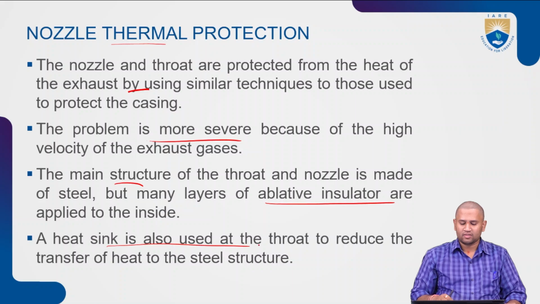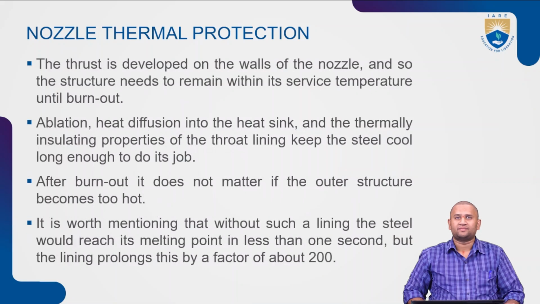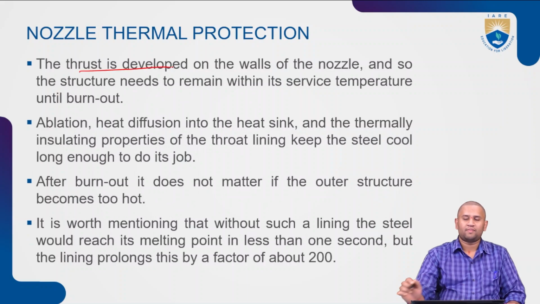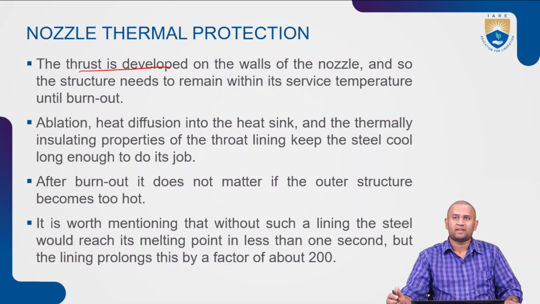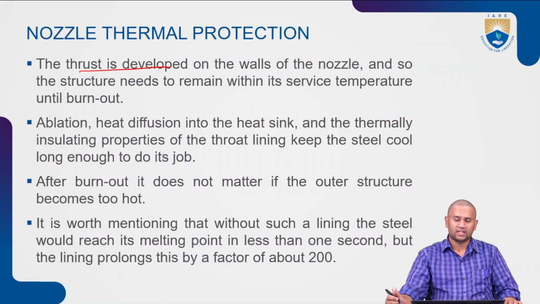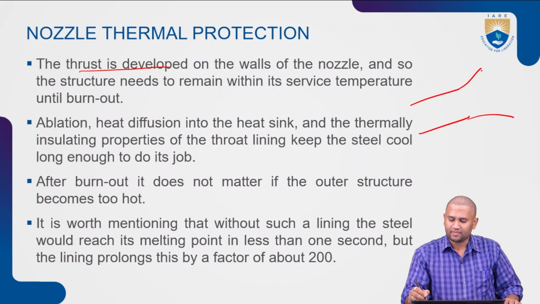A heat sink can also be used in the throat to protect the steel structure. The thrust is developed onto the walls of the nozzle, and the structure needs to remain within its service temperature until burnout. Let us understand this a bit further.